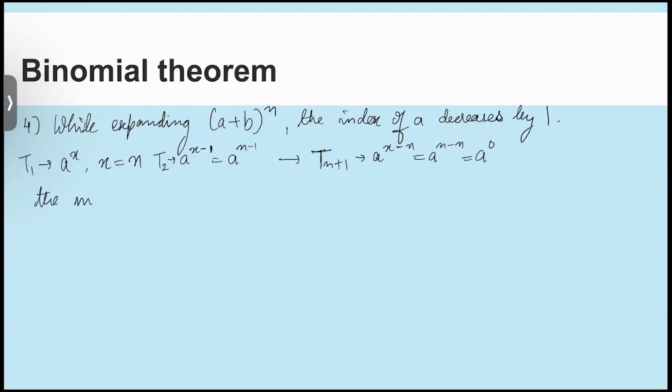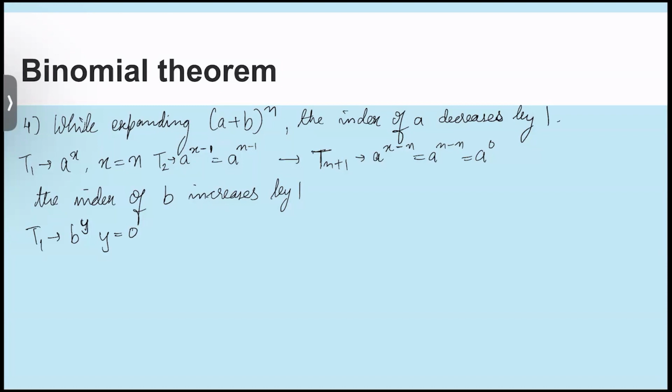While the index of B increases by 1. In your first term, you will have, say, B raised to y, where y actually starts with 0. Why this has to be followed, we will see in the next observation.